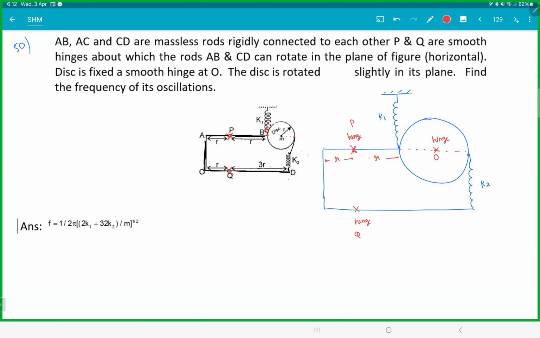This is R, this is also R. This is R and this is 3R. I think it's a good one.